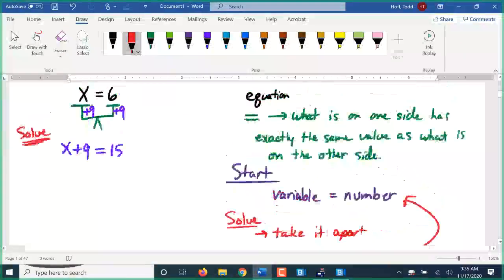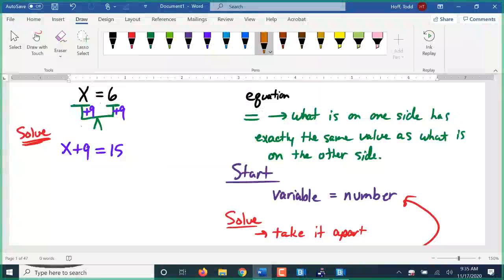So here, this equation was built by adding 9. To take it apart, we use the inverse pairs of operations. Remember, we said addition and subtraction went together, because if we add something and then turn around and subtract the same thing, we get right back to where we started. So this equation was built by adding 9. We take it apart by subtracting 9.